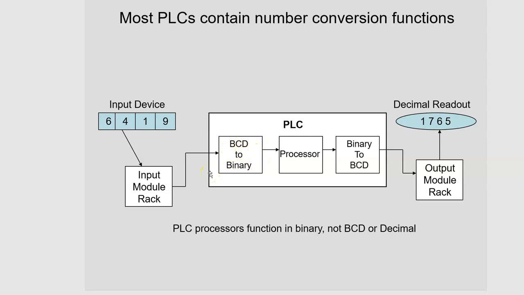I group it together as a binary code, but this has to understand that this is BCD and not regular binary, and it'll need circuitry to help it understand that. I process it, and then if I want to go to a 7-segment display, this digital readout, I got to go back from binary to BCD so that this understands. Okay, now I need four bits to represent each one of these of the 7-segment display and light it up. So here's the whole process together.